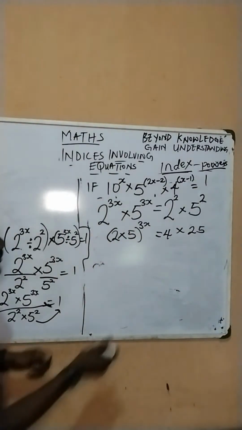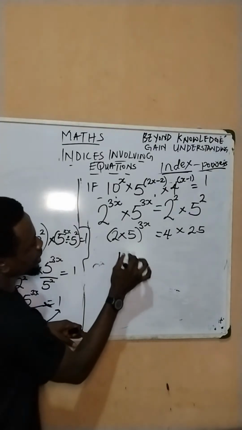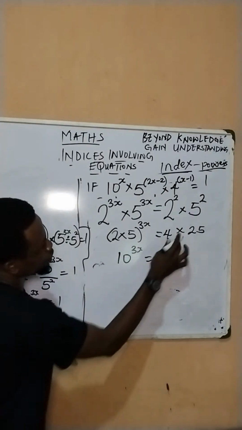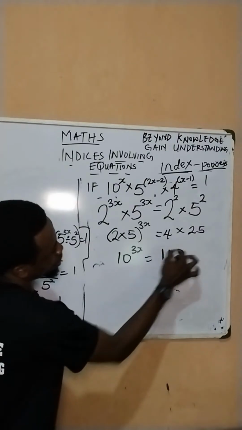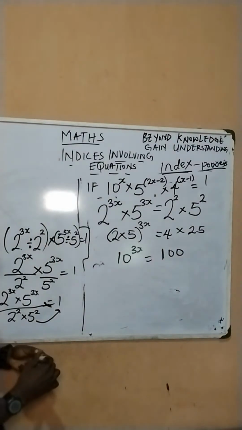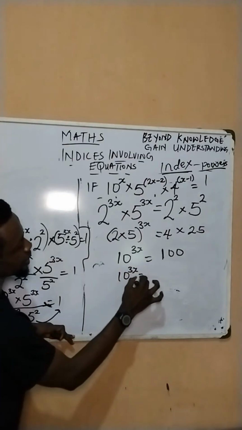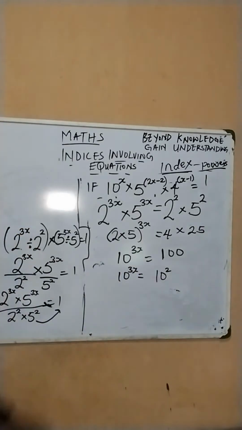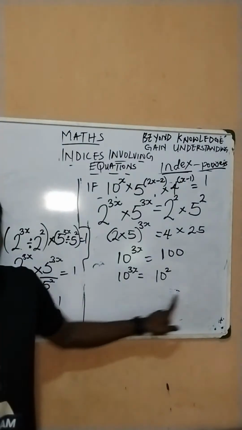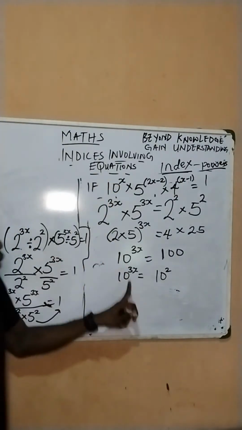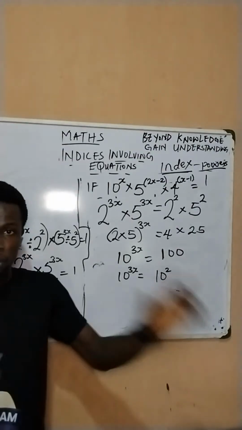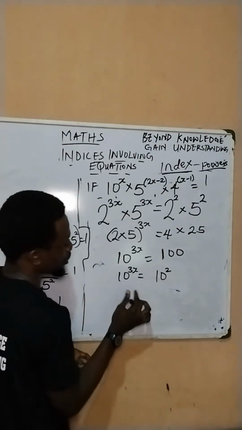So this is now going to give me 10 raised to the power of 3x equals 100. At this point, I can reduce this 100 to be 10 raised to the power of 3x equals 10 raised to the power of 2. According to the laws of indices, once the bases are the same, the powers are the same. Simply put, we consider the power.